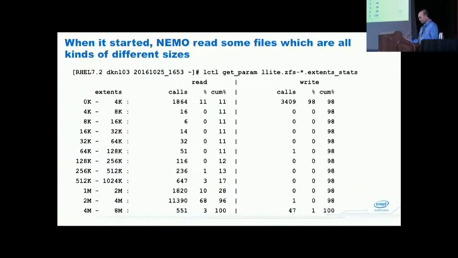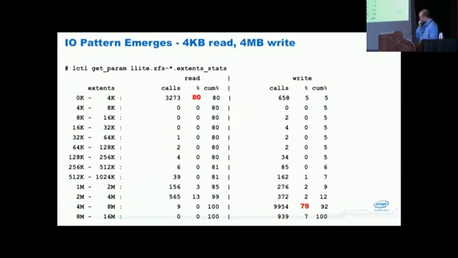So let's reset the extent stats and see what's happening. We reset, wait a few minutes, and make sure that some I/O is done, because that's what we're measuring. We start to see a pattern emerge, or at least some clustering.